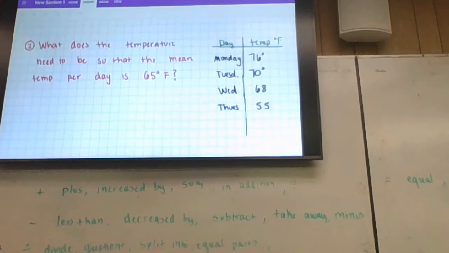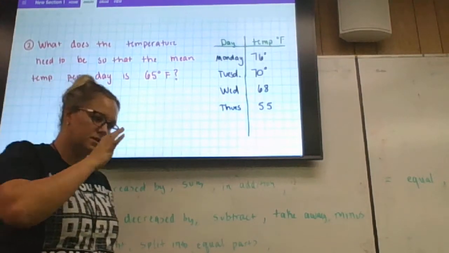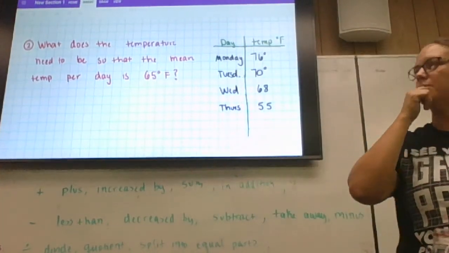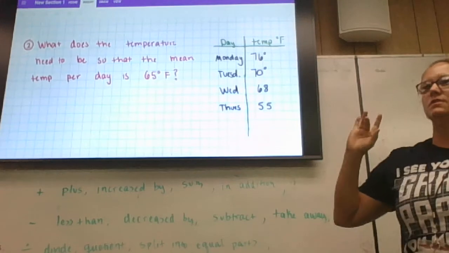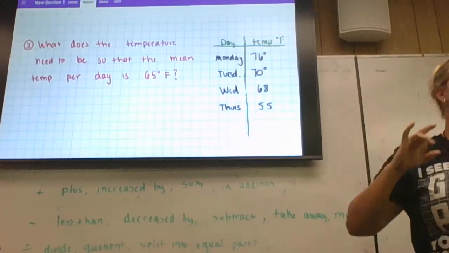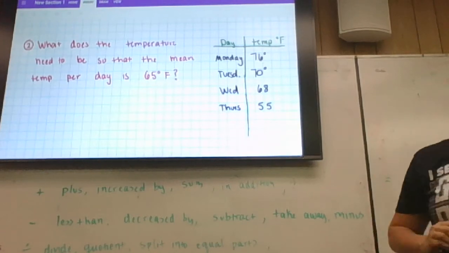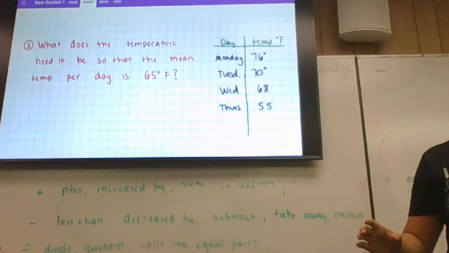All right, you guys were really on point, I think, with this problem yesterday. This was the problem talking about running. And it said Monday, like 5 miles, Tuesday, 3 miles, Wednesday, 0 miles, Thursday, 4 miles. How many miles did you have to run Friday to get a certain mean or average?